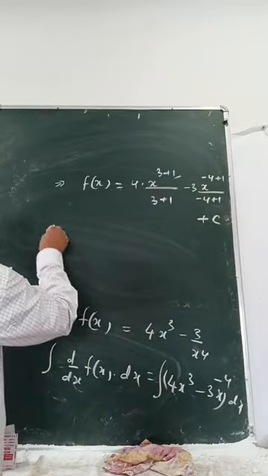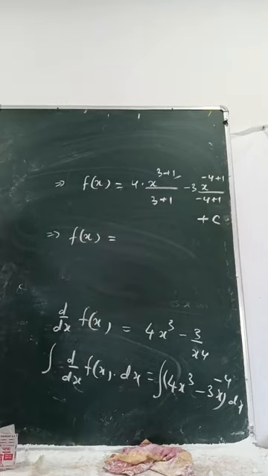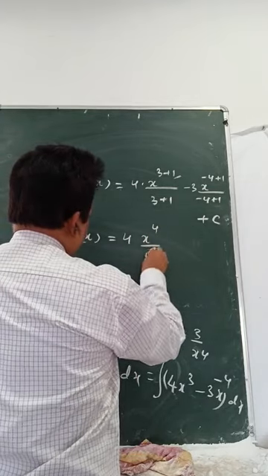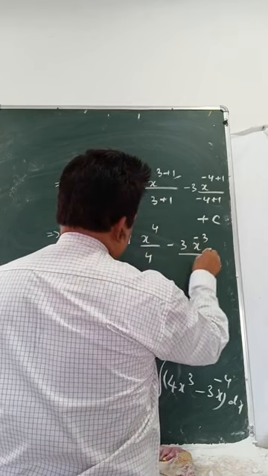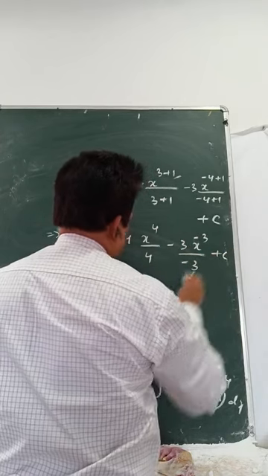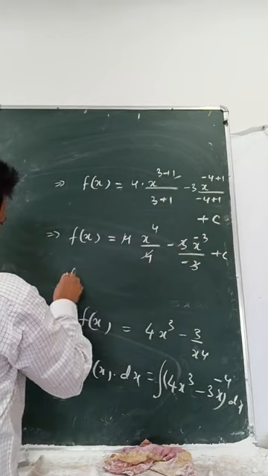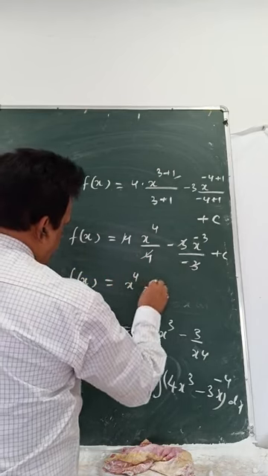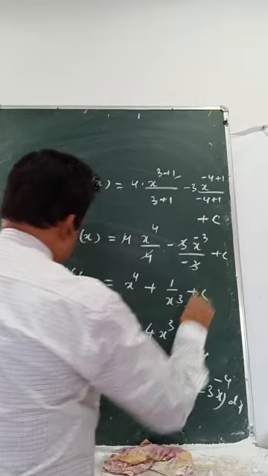So you are getting f(x) equals 4x to the power 4 by 4 minus 3x to the power minus 3 by minus 3 plus c. If you simplify, f(x) equals x to the power 4 plus 1 by x cube plus c.